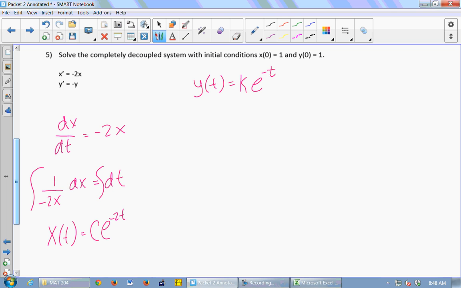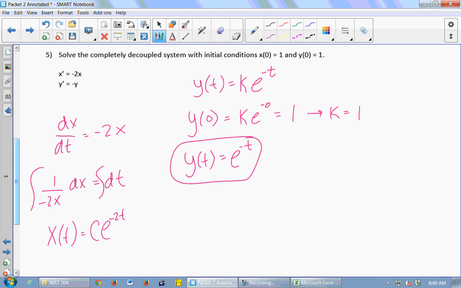Yeah, then you use your initial conditions to solve for c and for k. So y of 0 would be ke to the 0, which is 1. So k is 1. So I know my y of t is just e to the negative t. That's one of my functions.